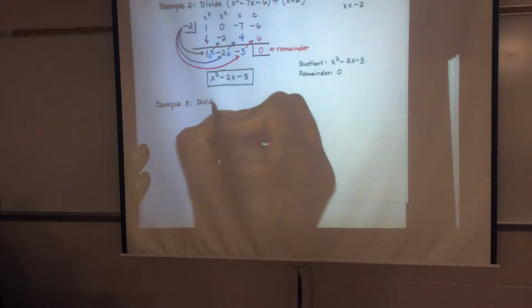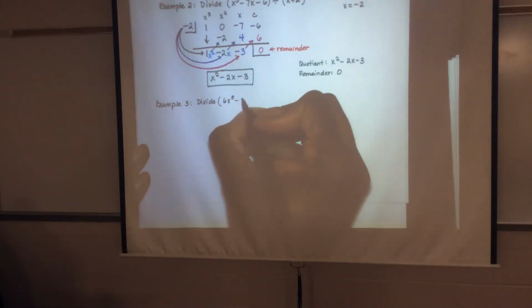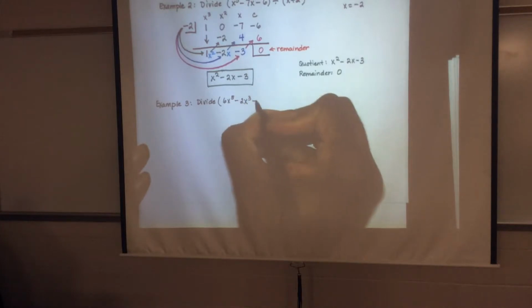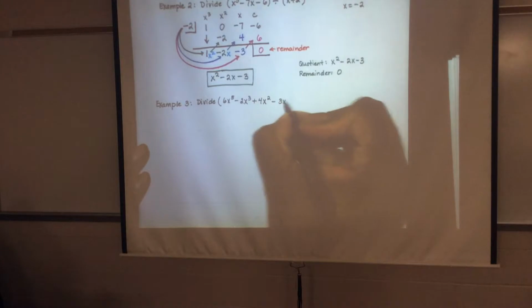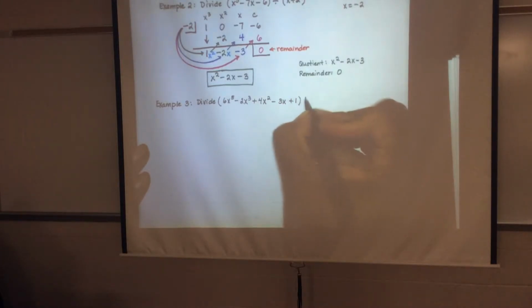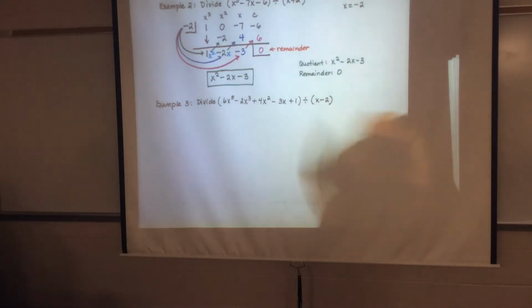Let's say I want to divide this 6x to the 5th minus 2x cubed plus 4x squared minus 3x plus 1. And that's going to be divided by x minus 2.